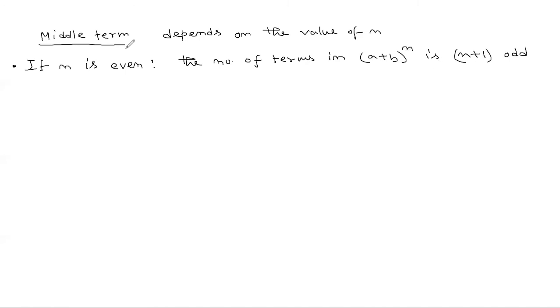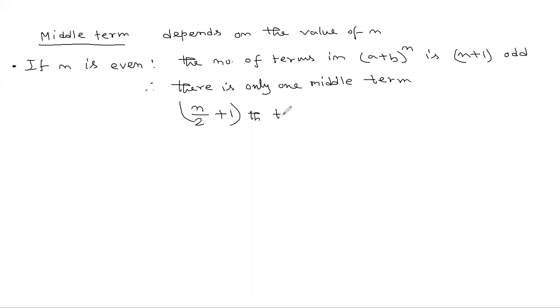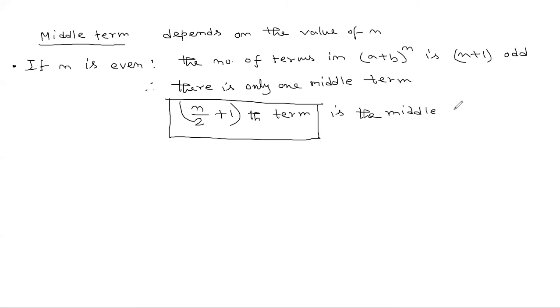If it is odd, then there is only one middle term, which is given by the (n by 2 plus 1)th term. This is the middle term. I'll give you examples.